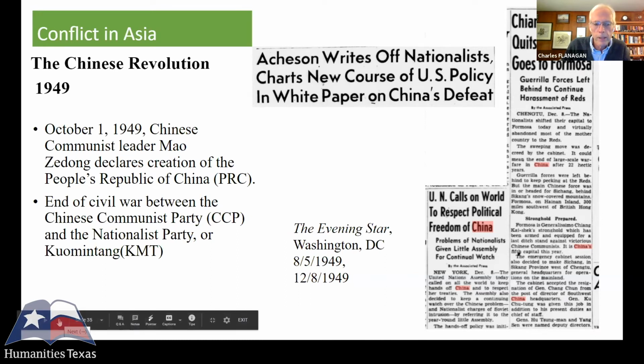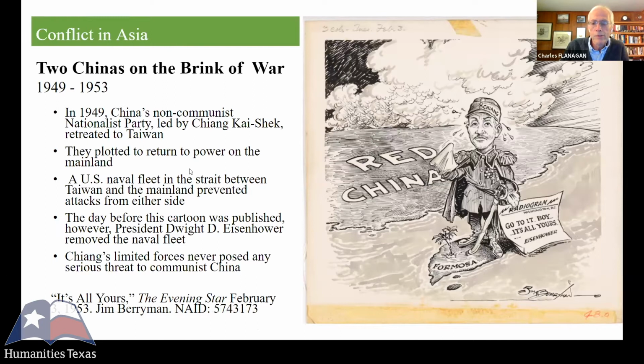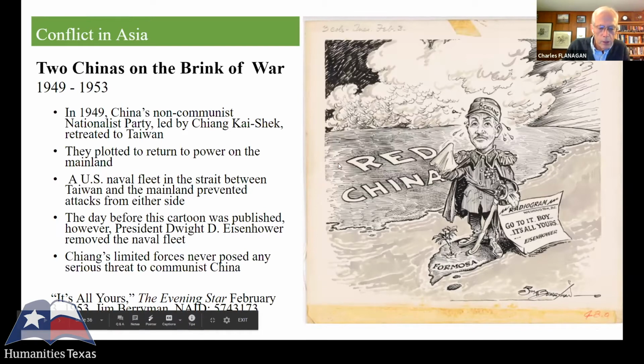Should we have been fighting in Asia to stop that? Well, we're now committed to defending Chiang, and so he's on the island of Formosa off the coast, and we have this kind of two China policy. From 1949 to 1953, Chiang is on Formosa saying he's going to go back and reconquer the mainland, and we have a navy in the middle to keep him from doing that.